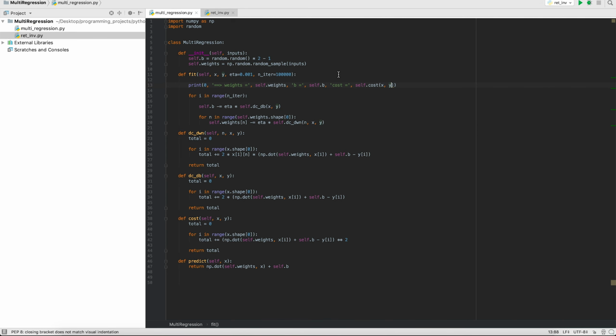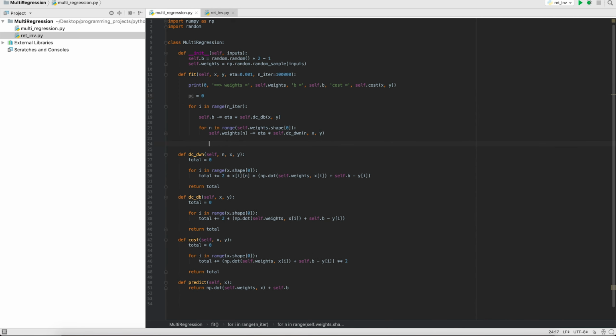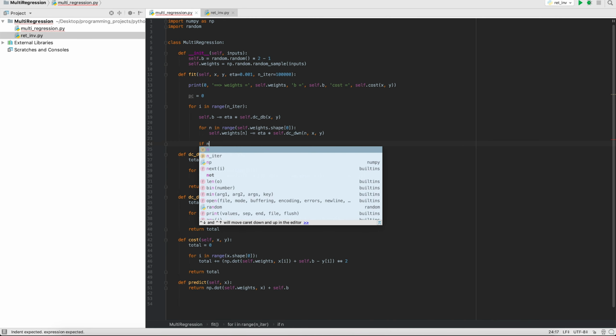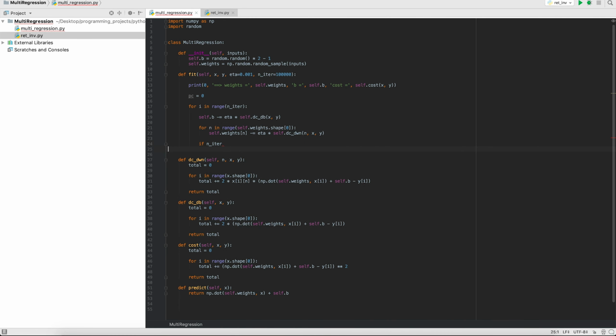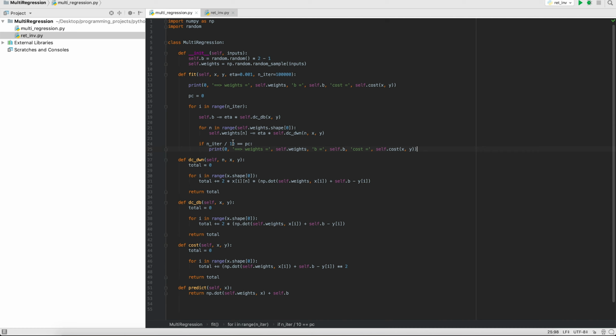Great. Okay, so now I can have a print counter here so that we can print it 10 times, or a tenth of the number of iterations, meaning 10 times in total. So let's just say if number of iterations divided by 10 equals the print counter, let's print I, right?